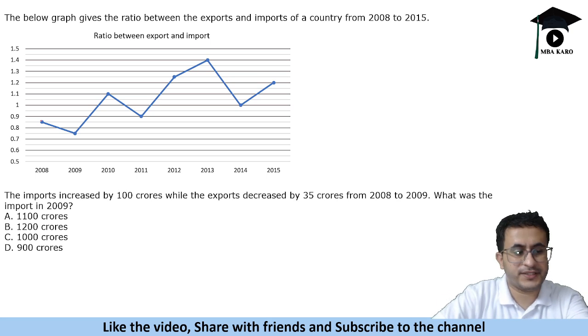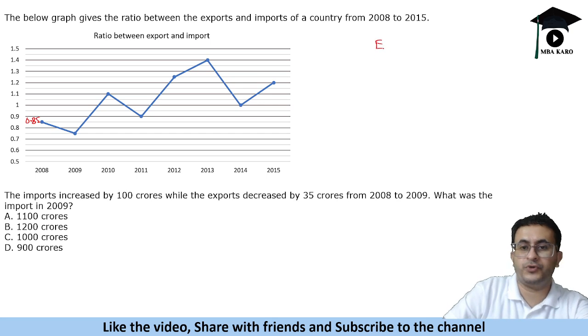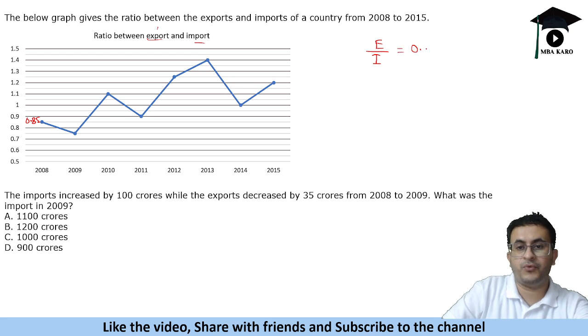So how to read this graph is, in 2008 it is 0.85, right? So it gives export to import. It says export and import. So export is written first. So export upon import is 0.85. So that means if import is 100, then export would be 85.